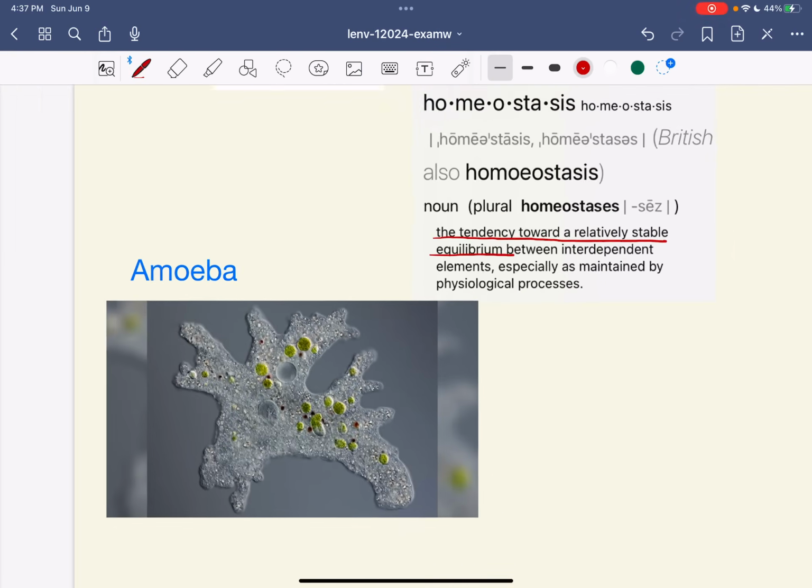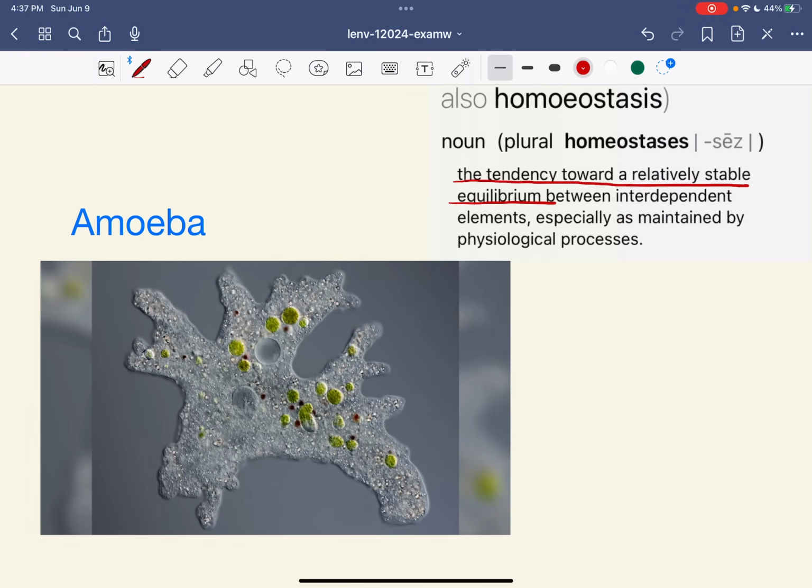So a single-celled organism, I have an example here, an amoeba. This organism is only made up of one cell. This whole thing is just one cell, okay? So how can this amoeba, this one-celled organism, keep homeostasis? What are the things that help it with equilibrium?